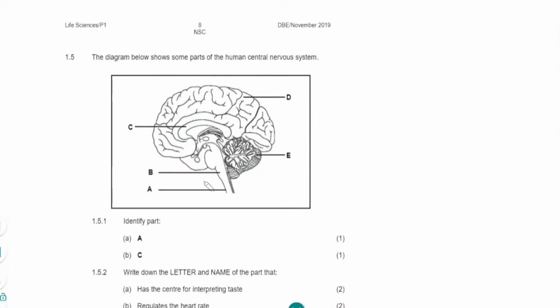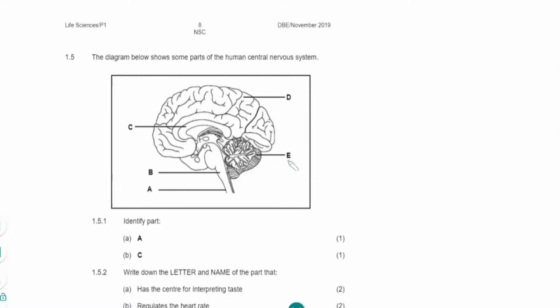You will find some questions which will ask you to label. Identify part A. We know medulla oblongata. Sorry, spinal cord. C, where is C? Corpus callosum. Please know how to write the correct answer. Medulla oblongata is double L if you go to part B. Sometimes students just write a single L. Cerebellum is double L. You must know that.